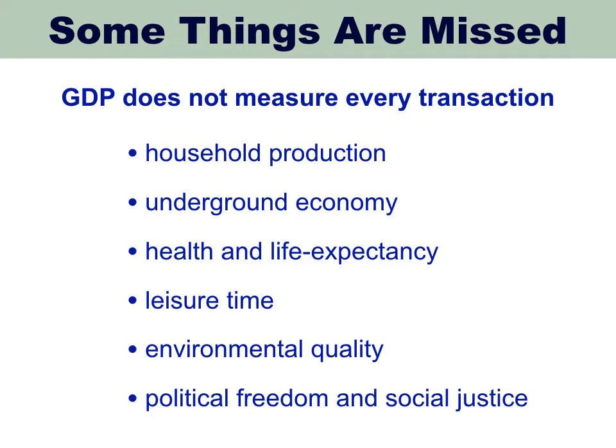We don't directly measure leisure time, but again, this is something fairly highly correlated with GDP per person. Same thing as environmental quality, same thing as political freedom and social justice. Sometimes this is correlated with GDP per person, other times it's not. So these are things that we might end up missing.